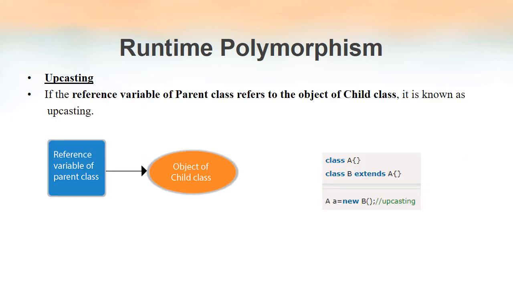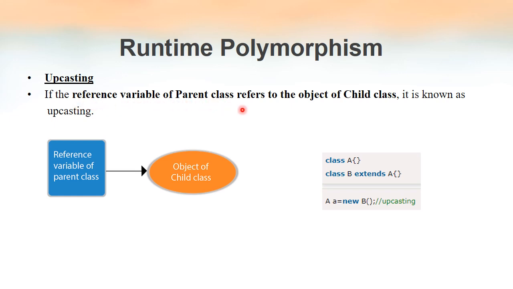Before we go into much detail, we have to learn one topic known as upcasting. Now, what is upcasting? You have to read this line very carefully because you must understand each word properly.